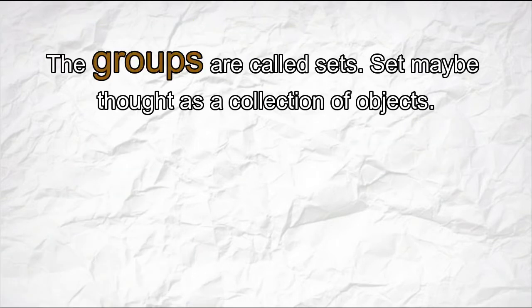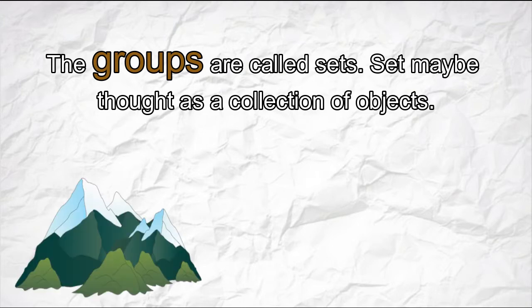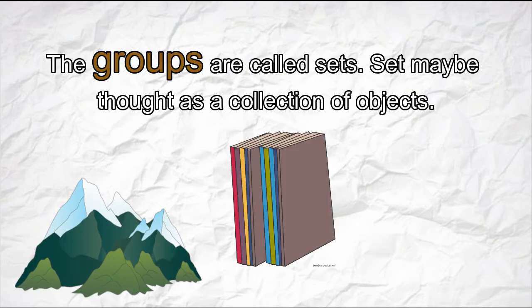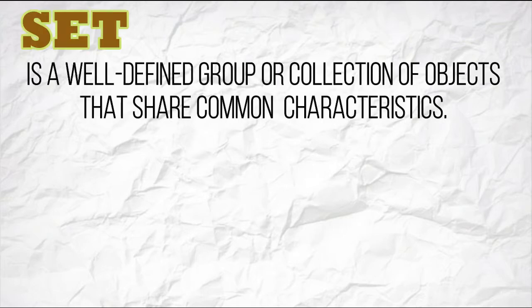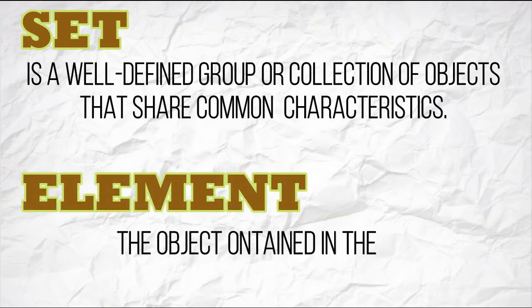The groups are called sets. A set may be thought of as a collection of objects. We have here a set of mountains, a set of books, and a set of buildings. In mathematics, a set is a well-defined group or collection of objects that share common characteristics. The objects contained in the set are called elements.